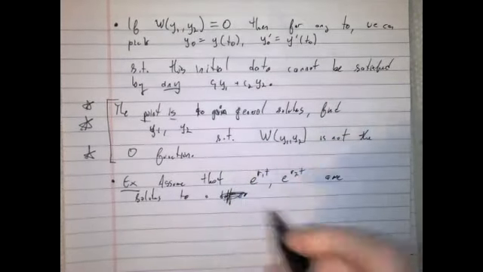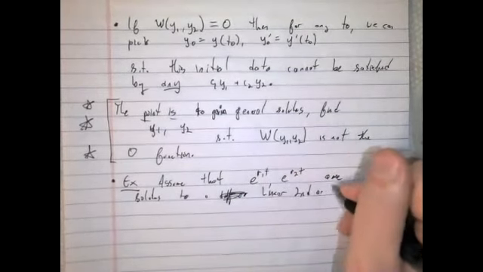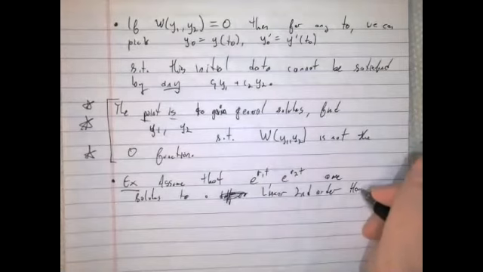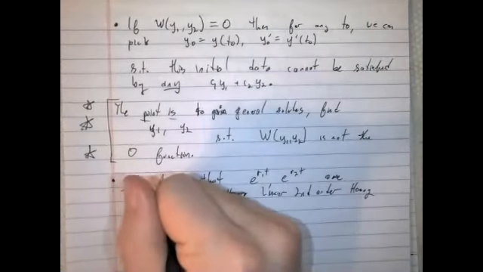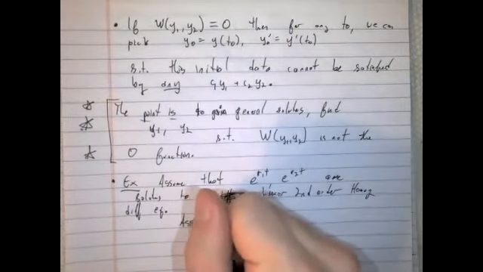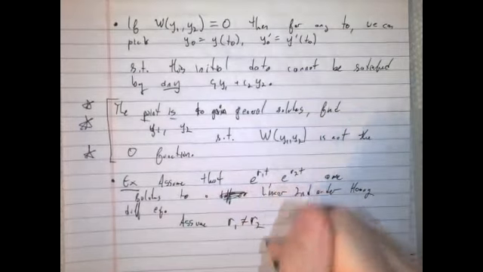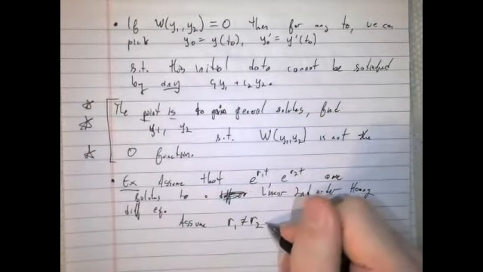Here what I mean is a linear second order homogeneous differential equation. Assume, moreover, that R1 is not equal to R2. So in other words, I'm putting us back into the situation that we discussed on Tuesday, where the characteristic polynomial has two distinct real roots.